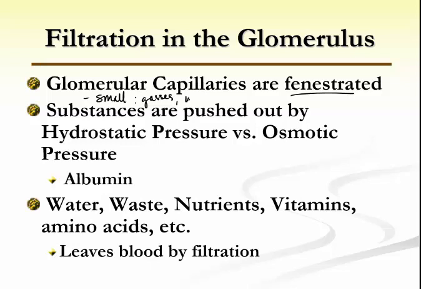Also, waste molecules such as urea, water, amino acids, vitamins, etc. And so we do get quite a large amount of that because not only do the capillaries have the intercellular clefts, but they also have the fenestrations or pores. So a large amount of these small substances can pass from the blood supply and be captured by Bowman's capsule and led into the tubular system as filtrate.